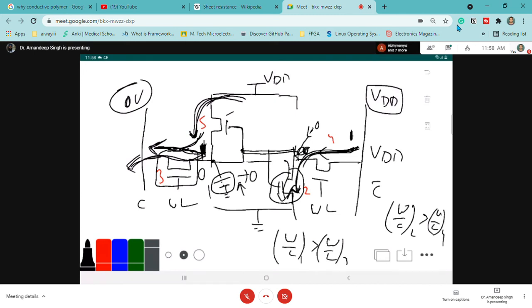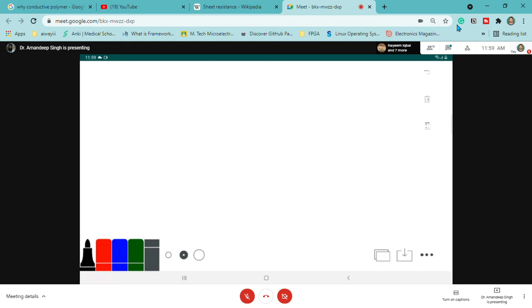Similarly, W by L ratio of 3 should be greater than W by L ratio of 5, so that it sinks more current and makes this node 0 as early as possible. Clear?